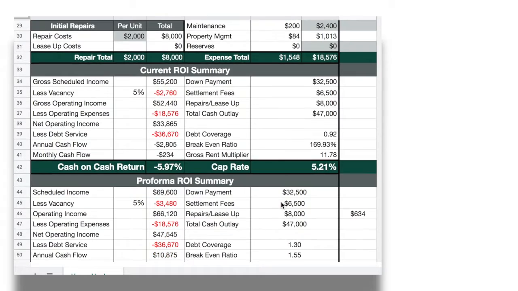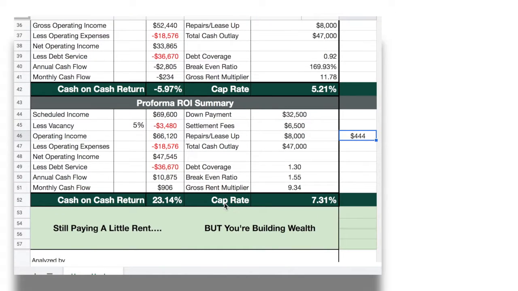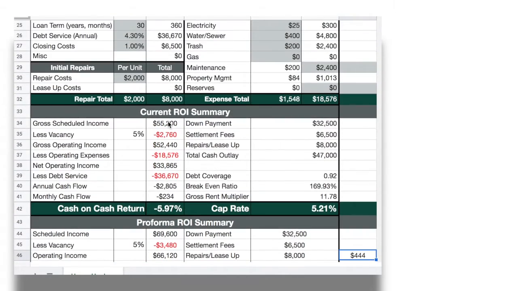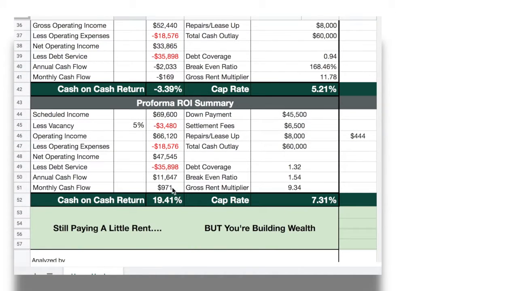Now you're at 906,444. And you can keep playing with this. Let's say you put down, instead of 5%, let's say 7%. 971. So it won't take you much longer to break even.